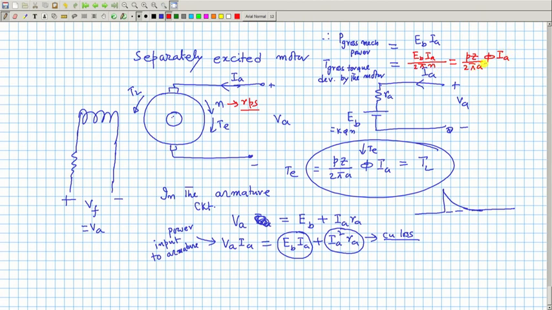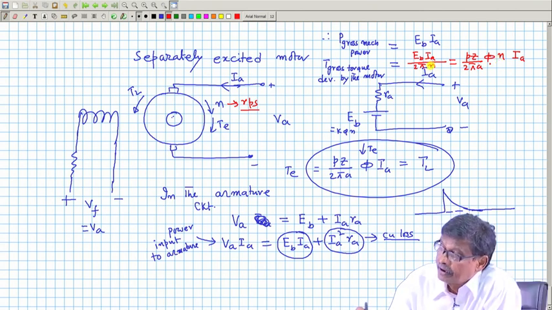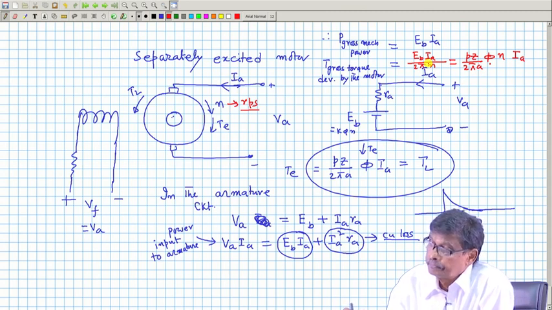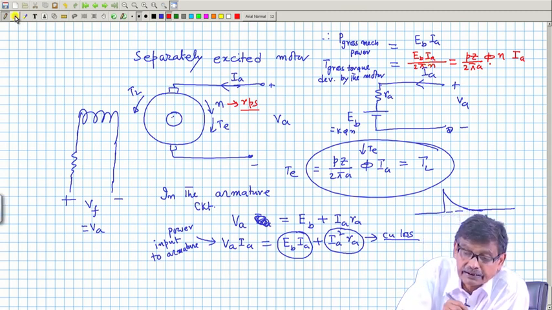Eb is k phi n, and Eb into Ia divided by omega, with n in RPS. I will just correct it.